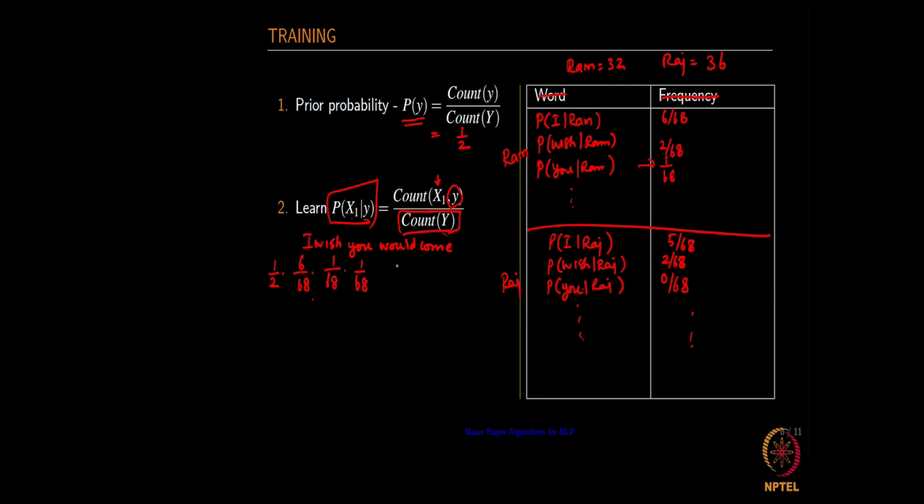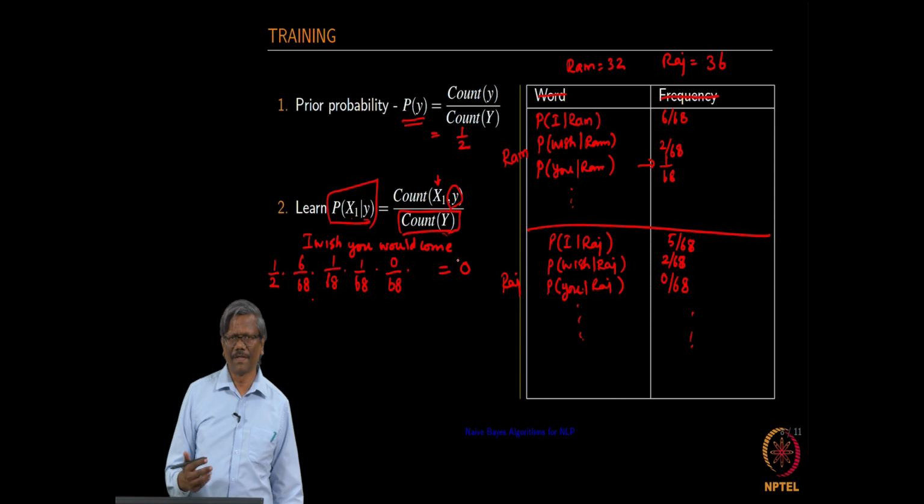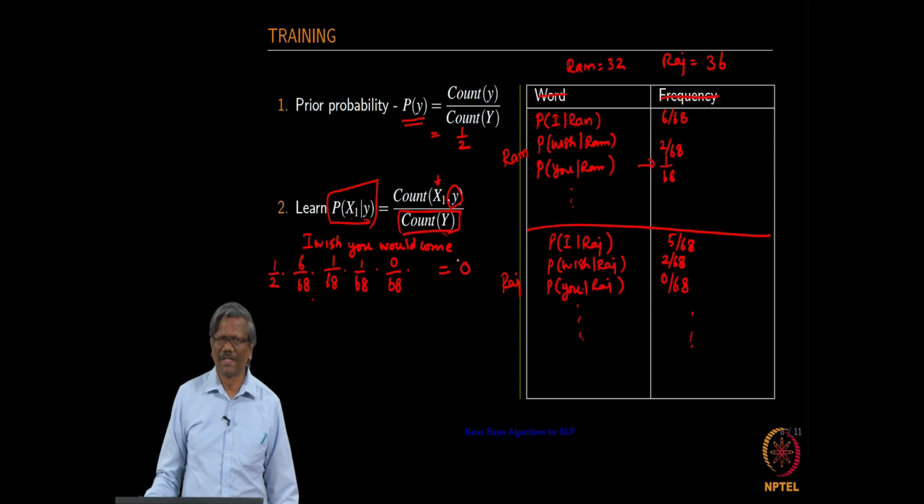There is no wood, I guess, in this, so it is going to be 0 and so on, right. So, the value is going to be 0 because we have encountered a word that is not part of the dictionary that we have, right.